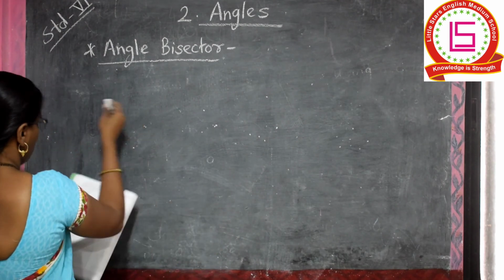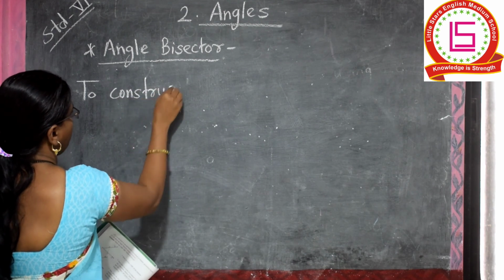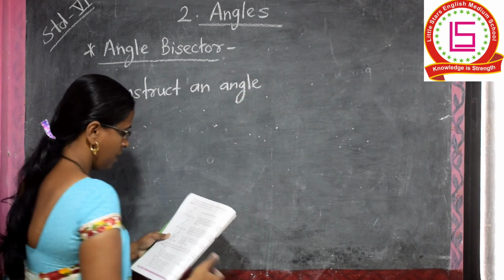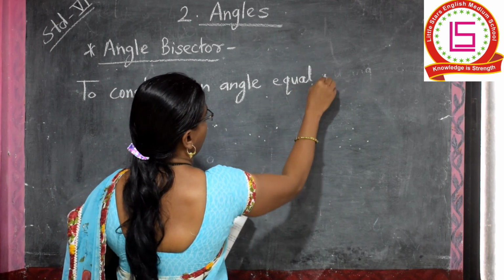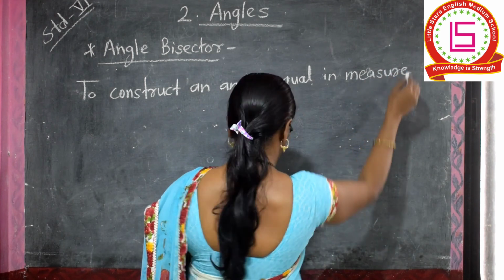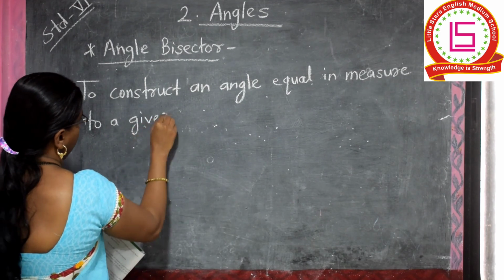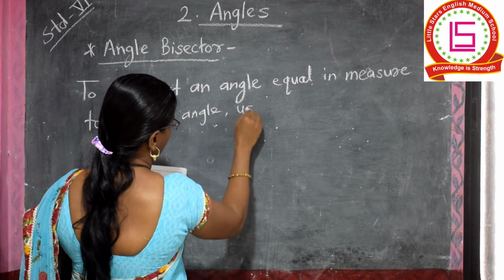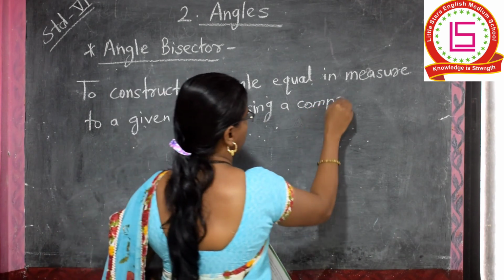The next point is to construct an angle equal in measure to a given angle using a compass and ruler.